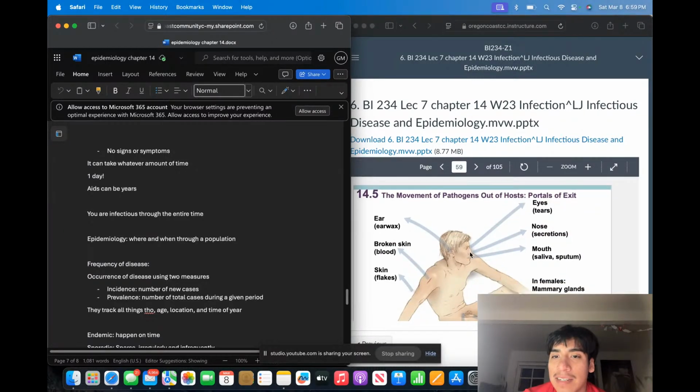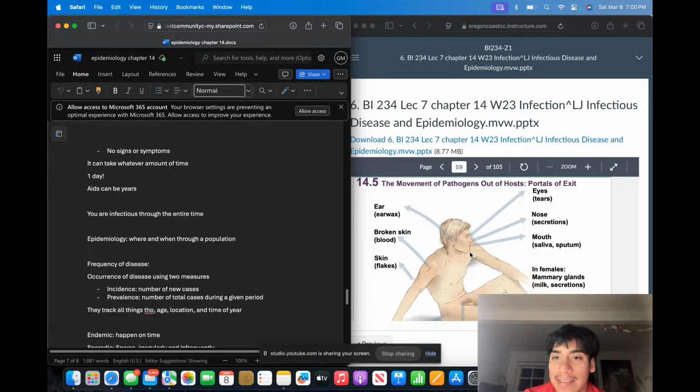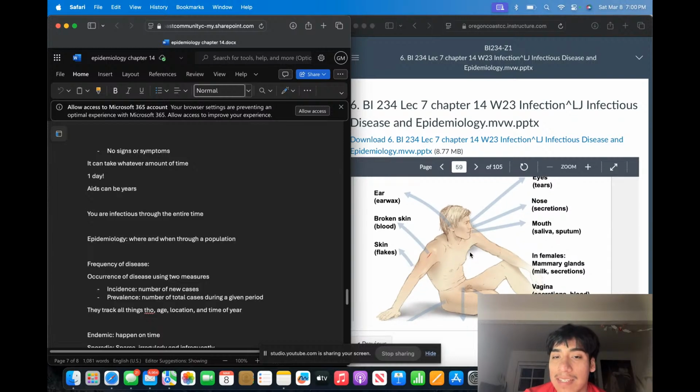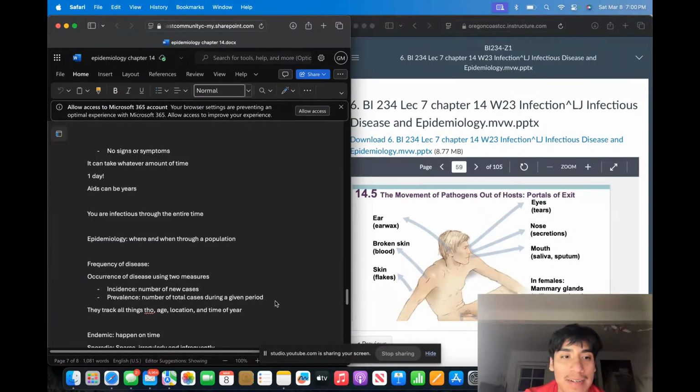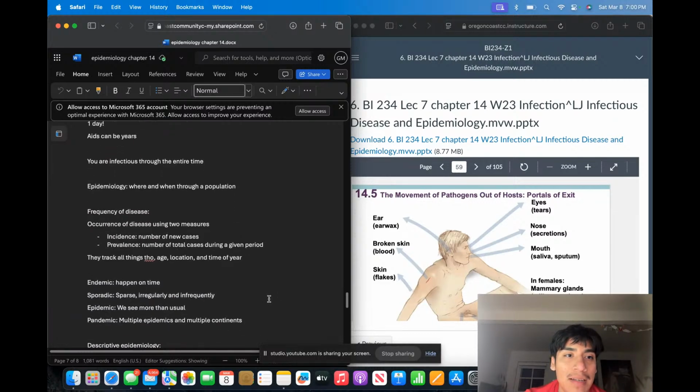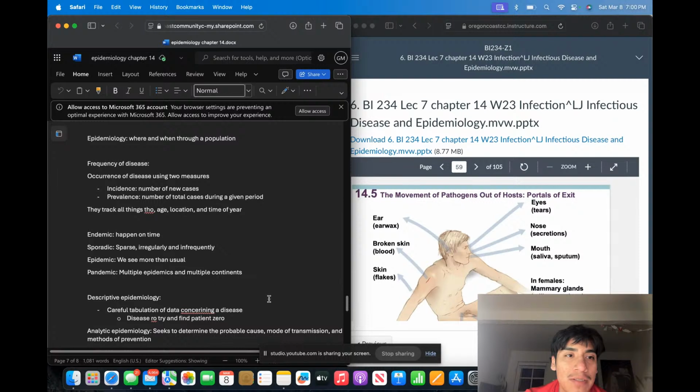Movement of pathogen out of the host, portals of exit. Here we have a lot of them. Skin flakes, that's really crazy. I wonder what disease capitalizes off that. Let me see here on my notes just what is relevant.